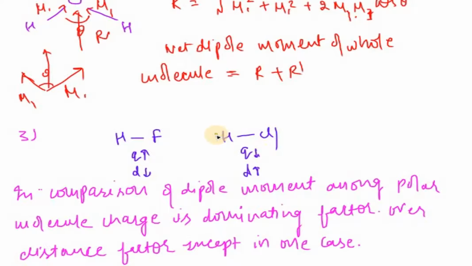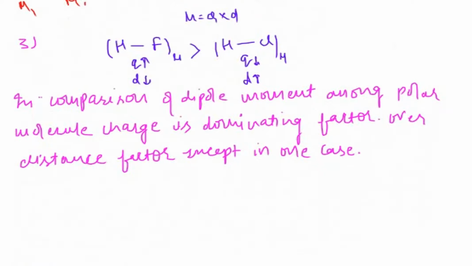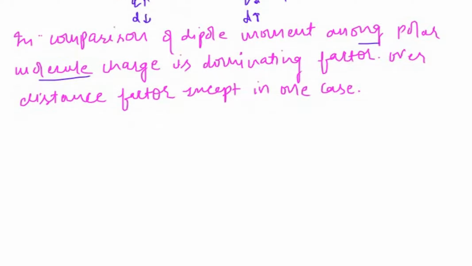Their dipole moment is mu, charge multiplied by distance, and here the value for HF is more. So when we compare the dipole moment among polar molecules, the charge is the dominating factor over the distance factor. The charge factor always dominates the distance factor, but there is an exception.